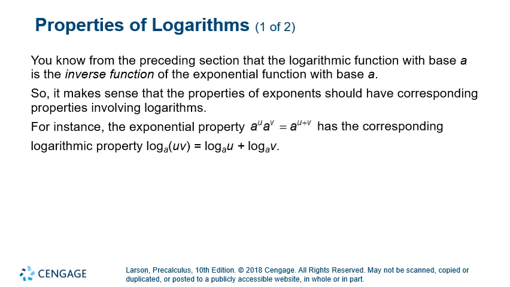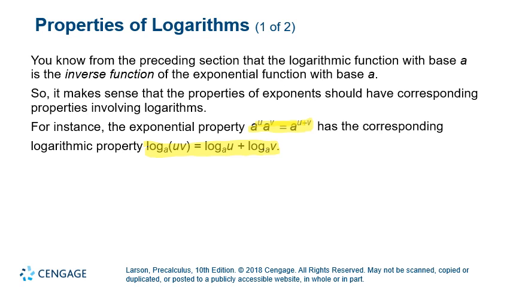Now, as far as properties of logs go, if you recall, logs and exponentials are inverses of one another. So way back in Algebra 1, you learned properties of exponents, like you see here with the highlighting. And you learned that when you multiply two numbers together with the same base, you add their exponents.